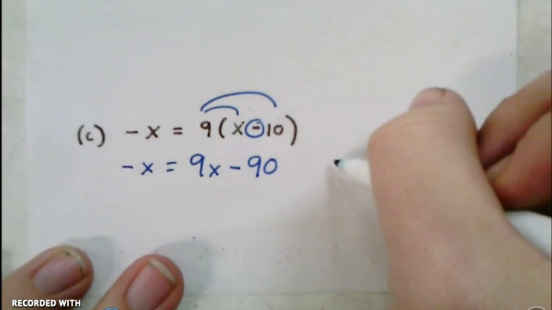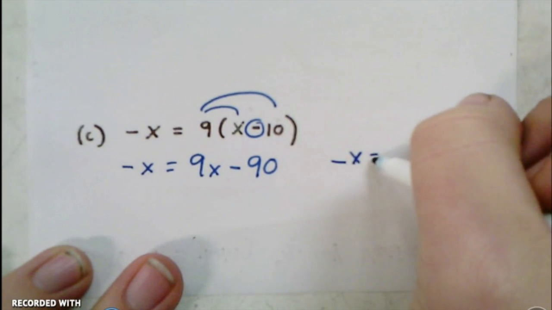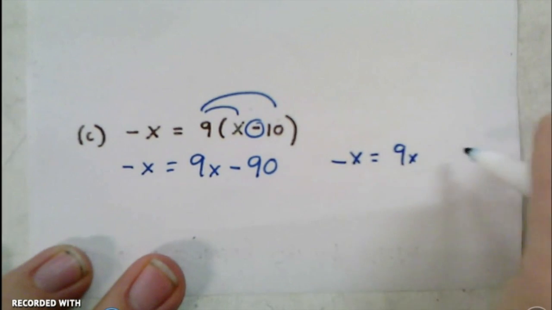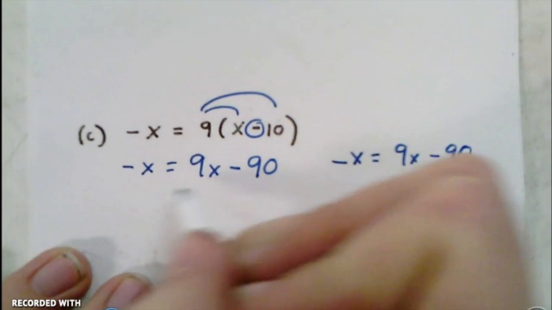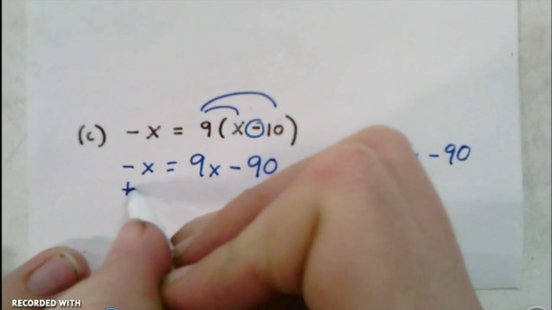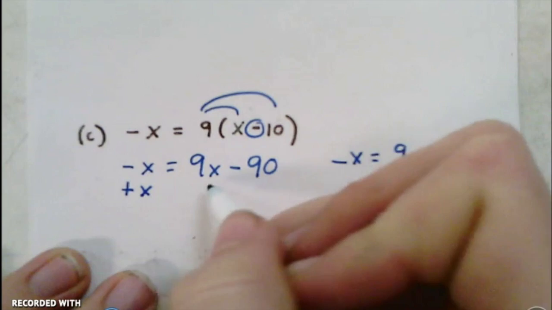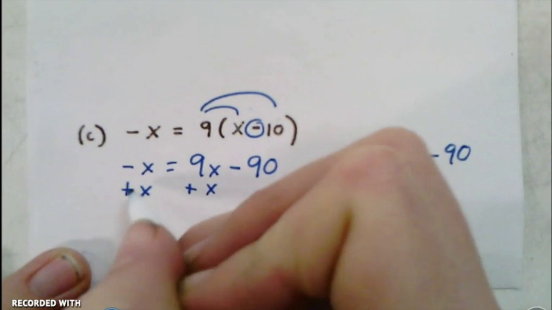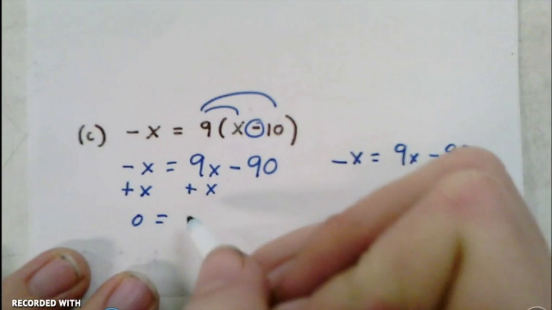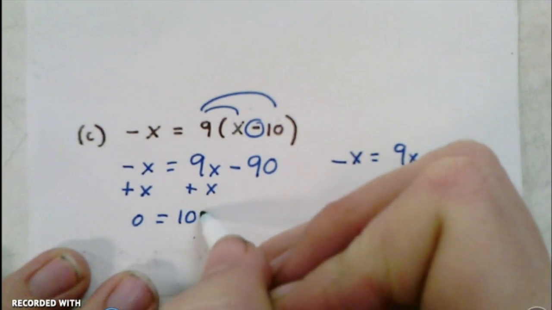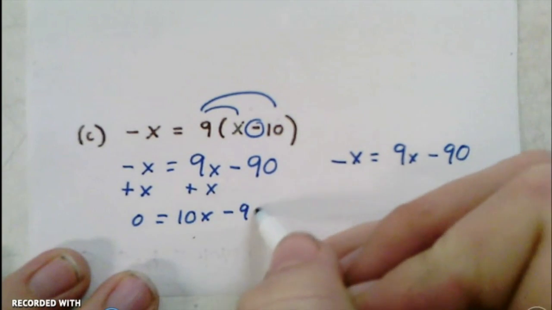Ooh, let's do it both ways. I'm going to rewrite this problem over here. So on this side, I'm going to move my x plus x plus x. And if I got rid of both of those things, then I have 0. So 0 equals 10x minus 90.